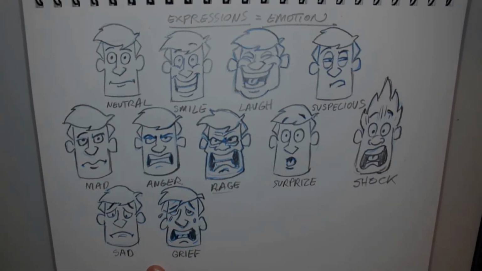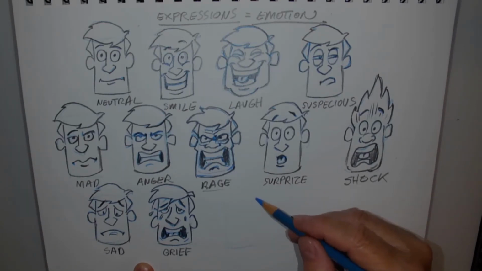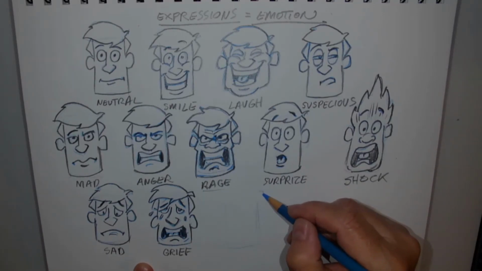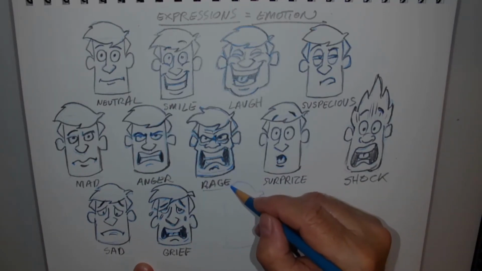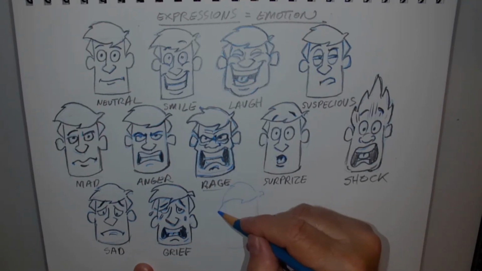Hey, we've got three more, and we'll be there. So again, there's lots of other variations. There are other things that can be explored. I just want to fill a page with some big examples of expressions.